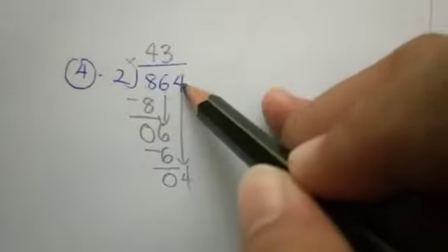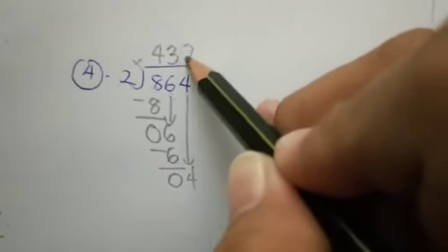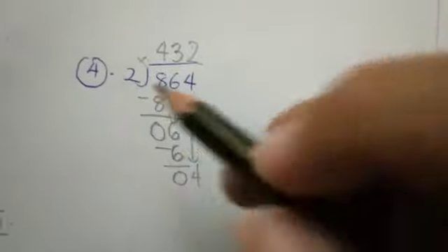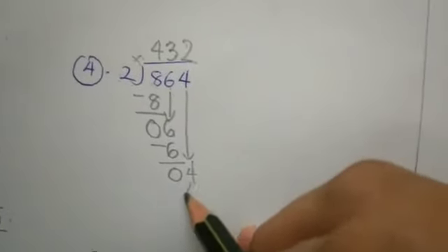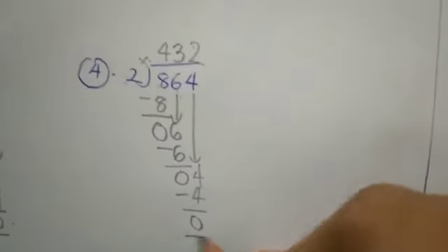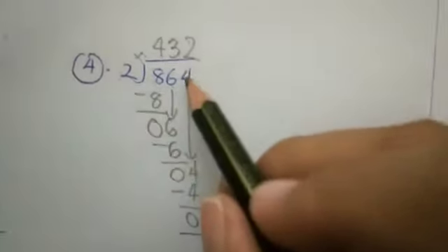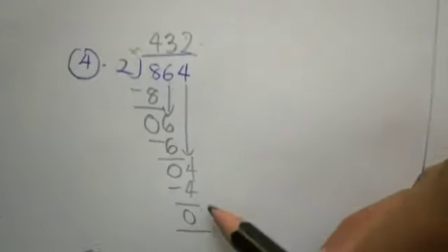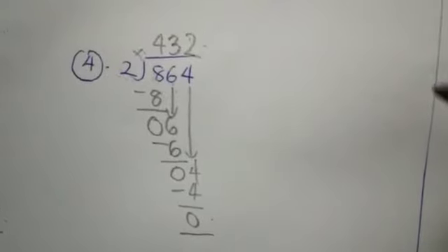Where do you put 2? On top of this 4. So you multiply back. 2 multiplied by 2, the answer is 4. And then you subtract. Therefore, 864 divided by 2, the answer is 432 with 0 remainder.